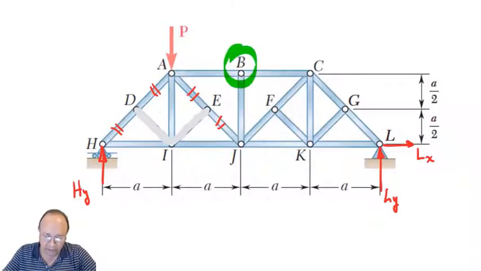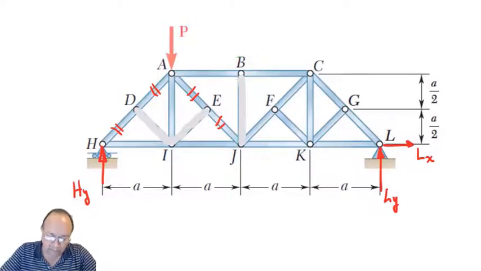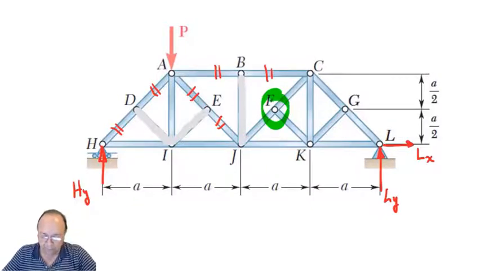Joint B. Bar BJ has to be zero. And bar AB equals BC. Joint F. Bar FK has to be zero. And bar FJ equals bar FC.